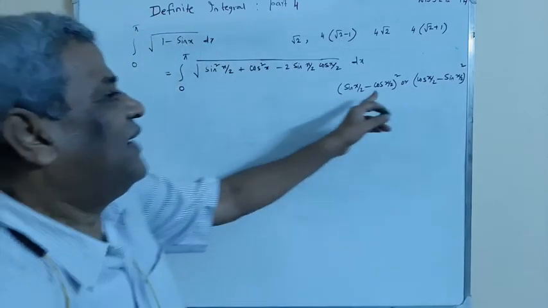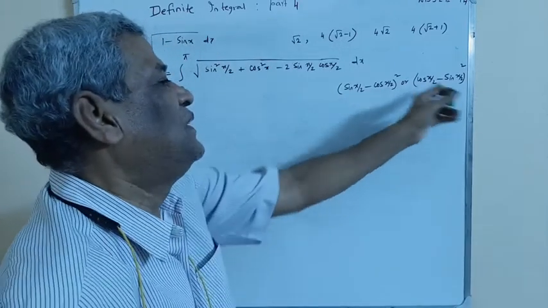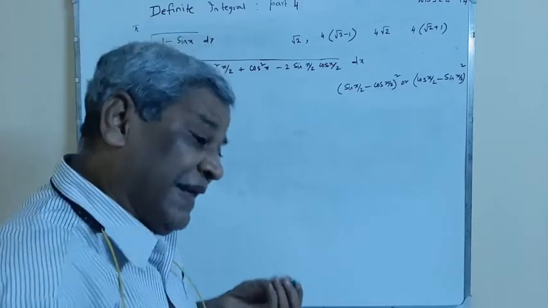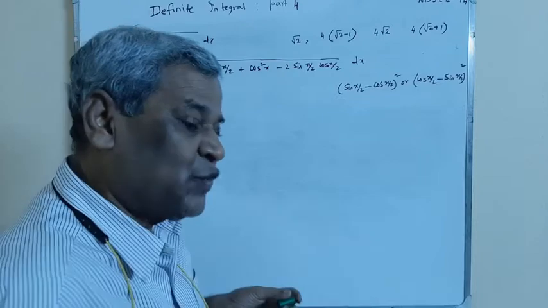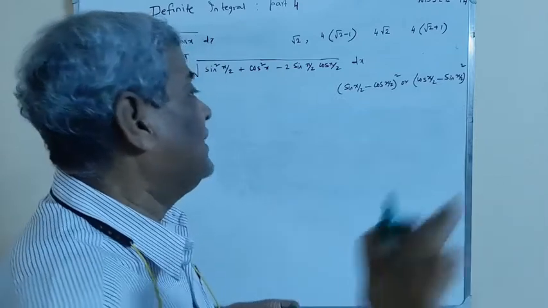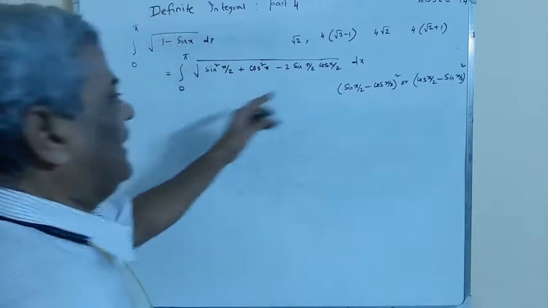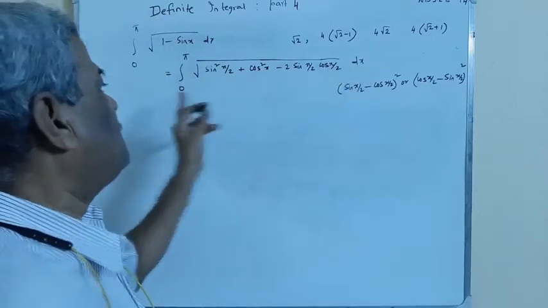Now, this whole square function is within a square root. When we take it outside the square root, we have to take the positive value. The range of x is from 0 to pi.